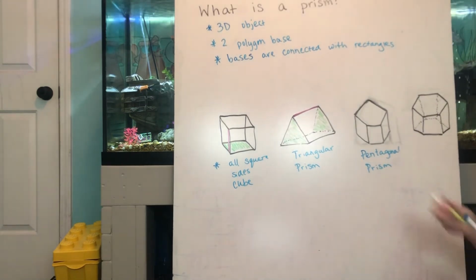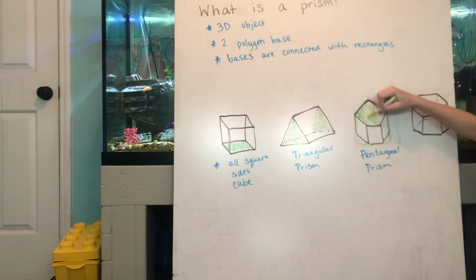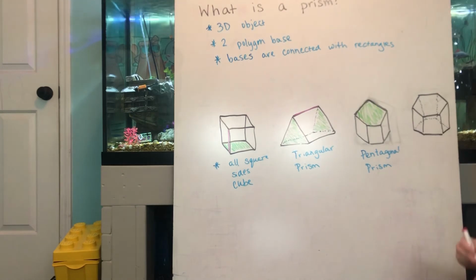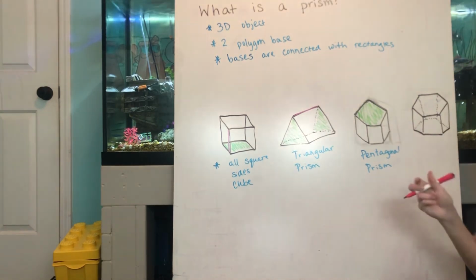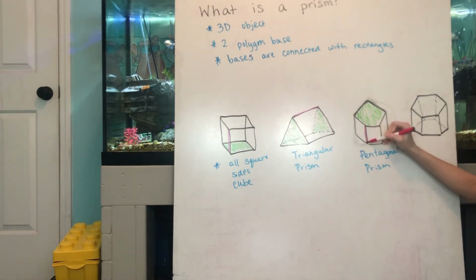The base is a pentagon because that's the polygon that's connected by the rectangles. And then any of the lines that connect the two pentagons can be a height. So right here's the height that I'm going to highlight.